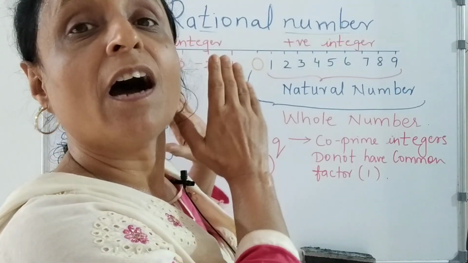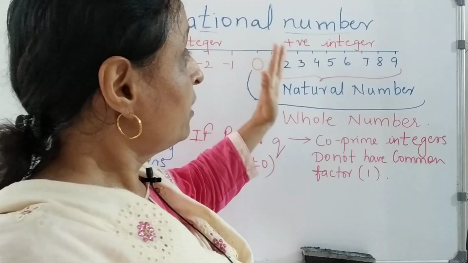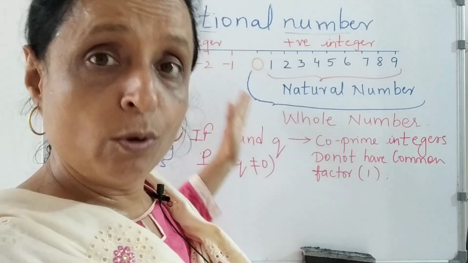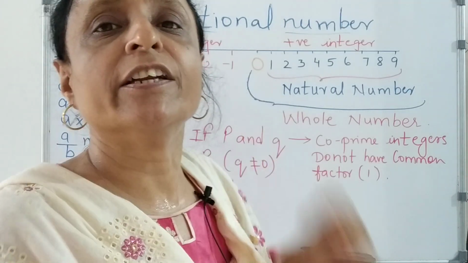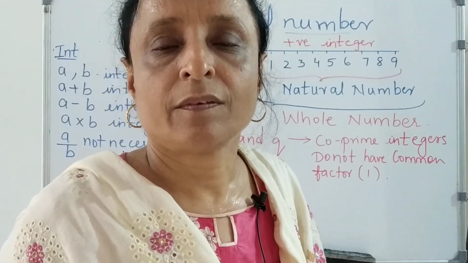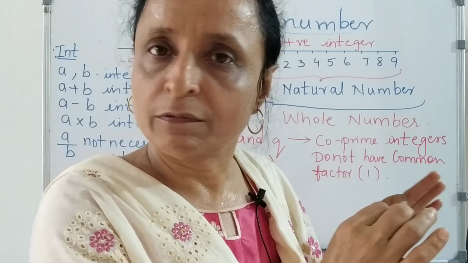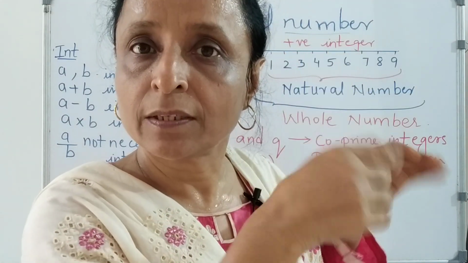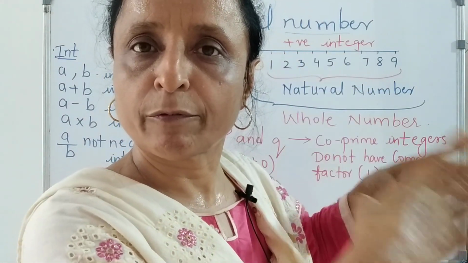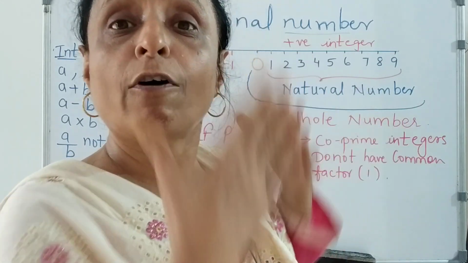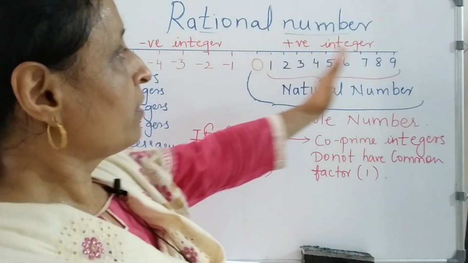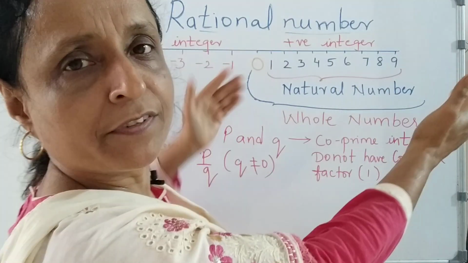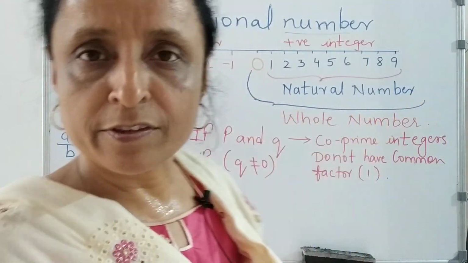Now what are integers? To the natural numbers and the whole numbers, when negative numbers are included, it is integers. You know natural numbers 1, 2, 3, 4, 5, 6, 7. Whole numbers 0, 1, 2, 3, 4. Now for integers it is minus 1, minus 2, minus 3. Whatever is on the positive side, it is there on the negative side also.